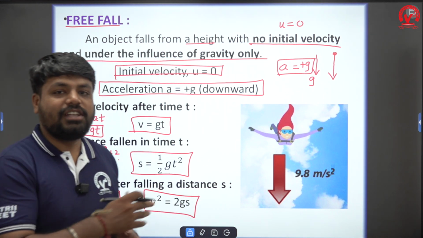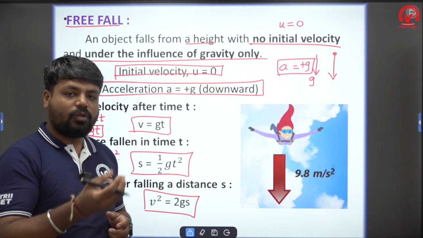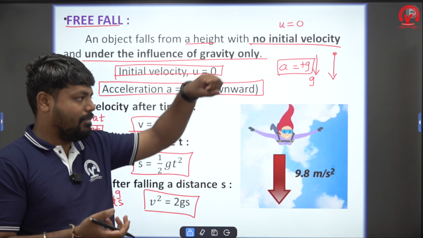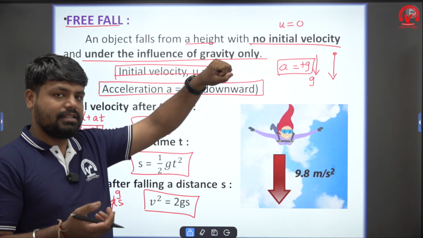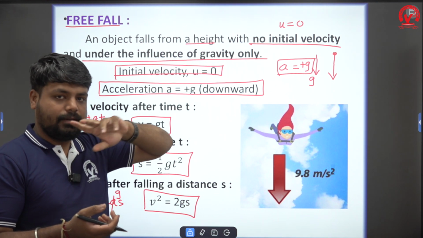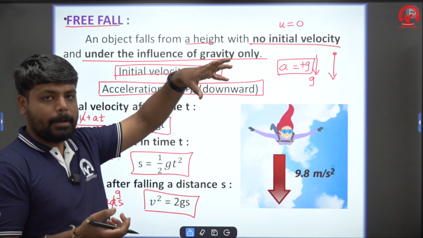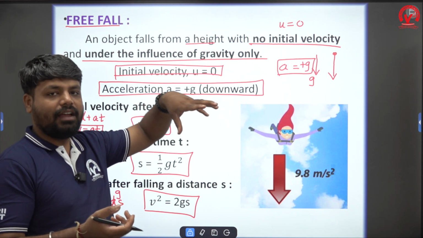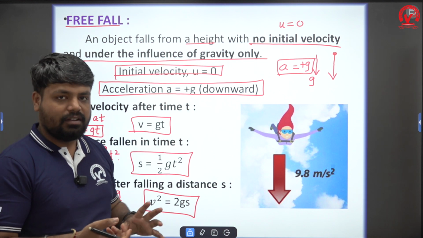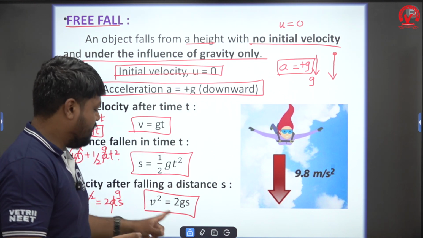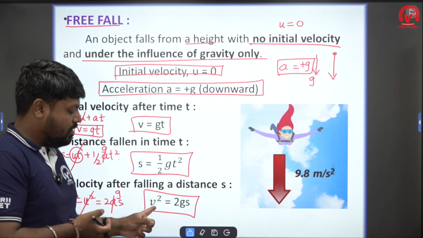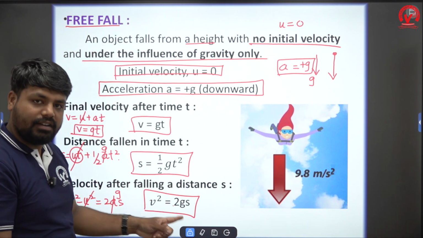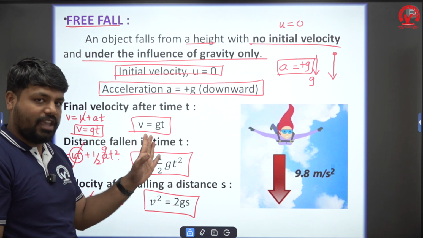So if the question asks, if I am not throwing but just leaving the body from a certain height, for example, a body was released from the top of a tower, 10 meter above the ground, with what velocity will it strike? We know v square is equal to 2gs. 2 into 9.8 into the displacement, that is the height of the tower, 10. So we can see how we can apply this in the problem.